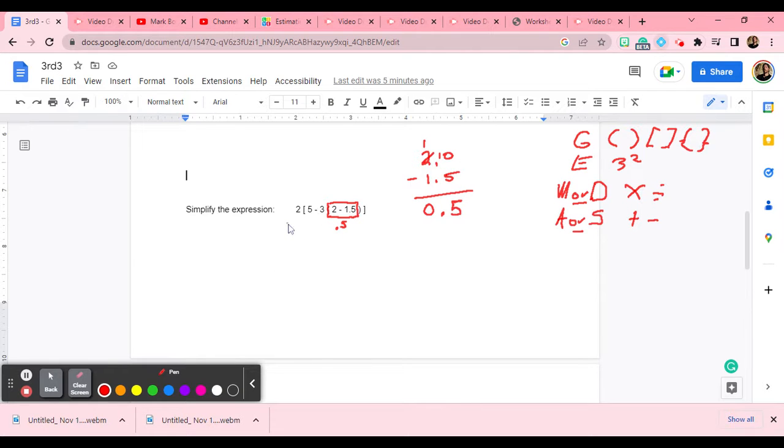I'm going to rewrite the rest of my expression because we should only do one thing at a time. So 5 minus 3, and I'm going to keep my parentheses and then my closing brackets. We've been over this several times, but I need to explain again.